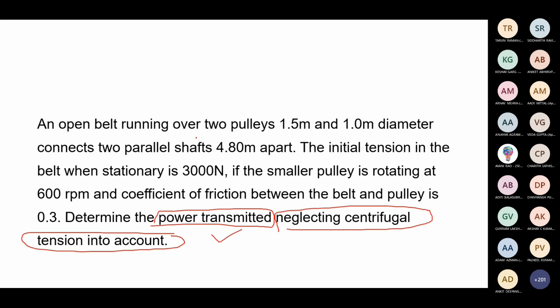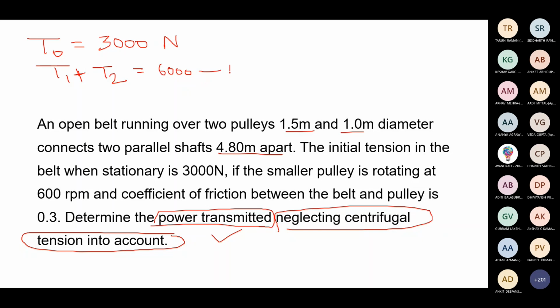Open belt running over two pulleys connects two parallel shafts 4.8 meter apart. The initial tension in the belt when stationary is 3000 Newton. So T naught is 3000. Or we can write T1 plus T2 equals 6000.